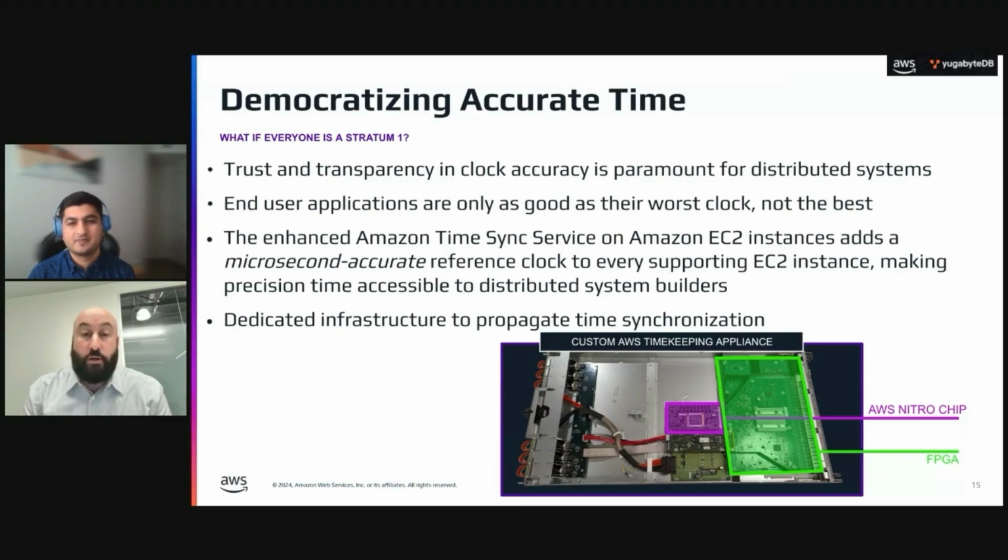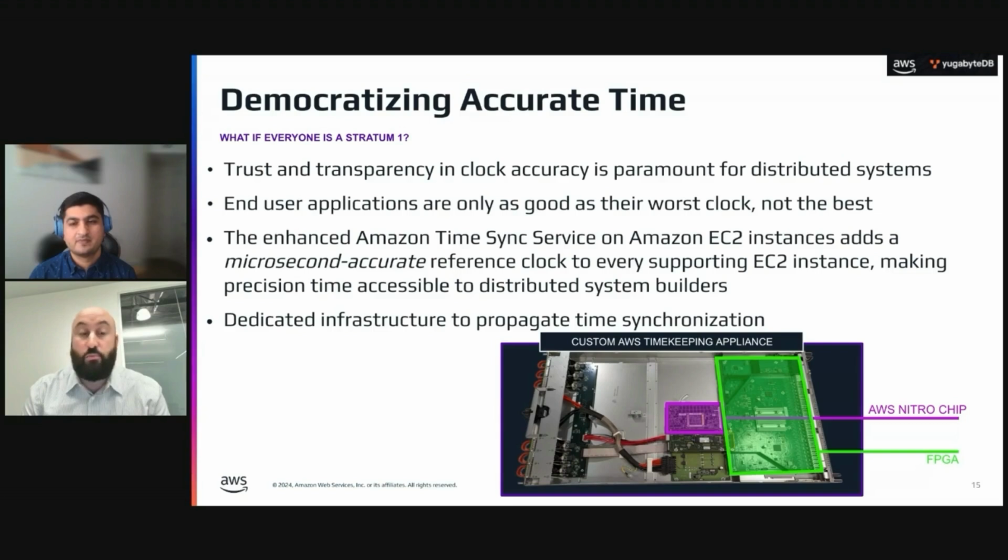So what we've done is we've made an investment in hardware to make every Amazon EC2 instance a reference clock, essentially from NTP speak, making everyone a Stratum 1. We have a Stratum 0 reference going to every EC2 instance. And this is over dedicated infrastructure.